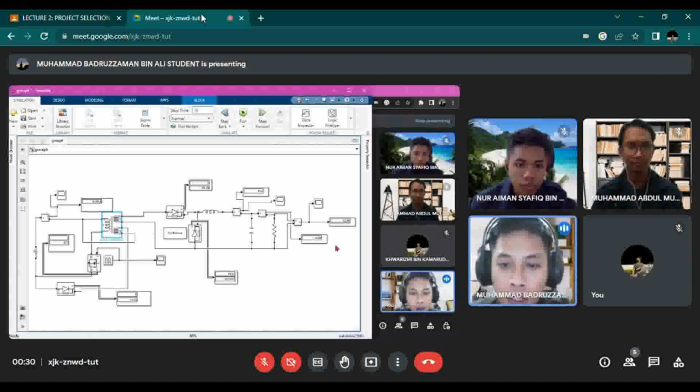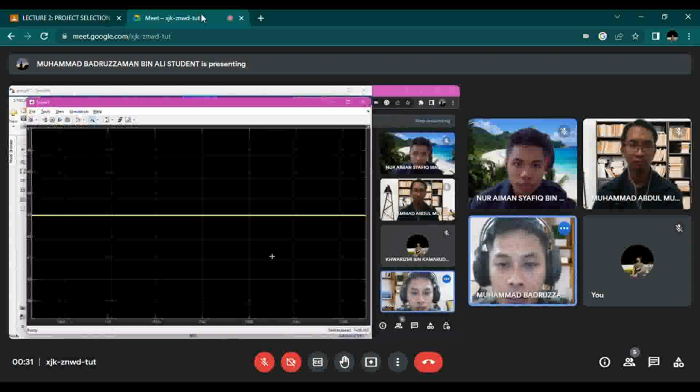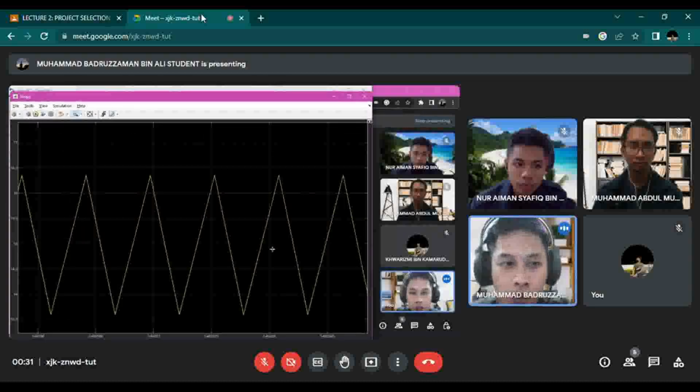And for our output current, we got 14.98, which is almost equal to 15, which is our rated current. So for our inductor current graph, we got this graph, which is the same as our theory.